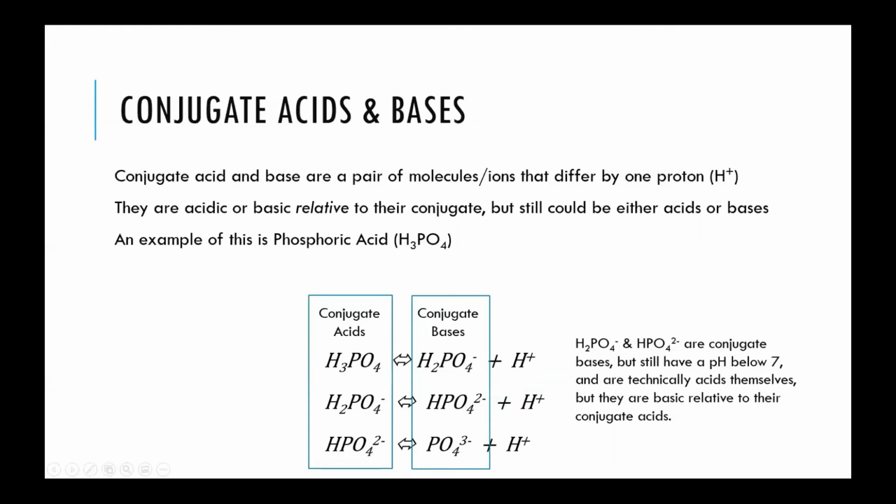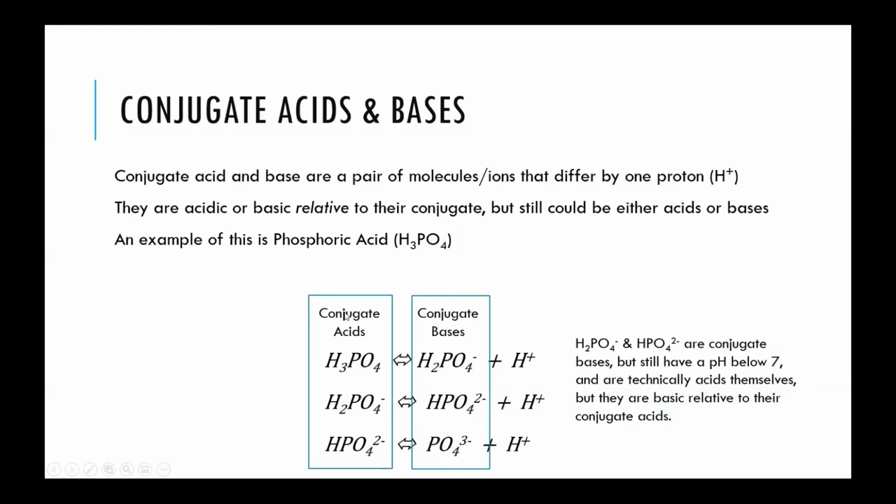So in the case of the phosphoric acid that was brought up earlier, the acid is something that loses a proton, and its conjugate base is what's left over. So the H+ goes away, and the other component is the conjugate base. The H+ also has a conjugate base of water.